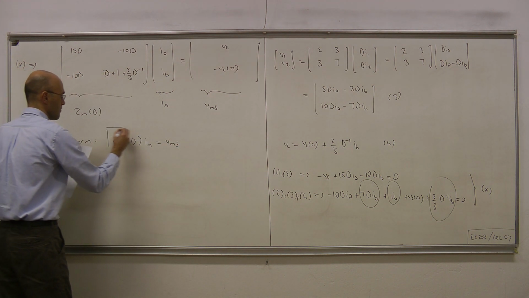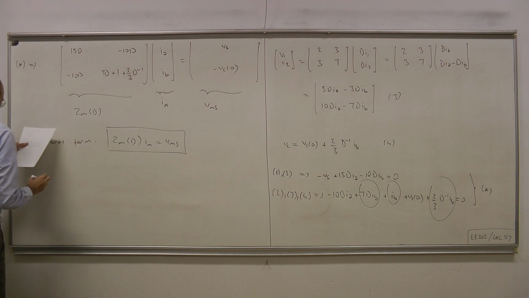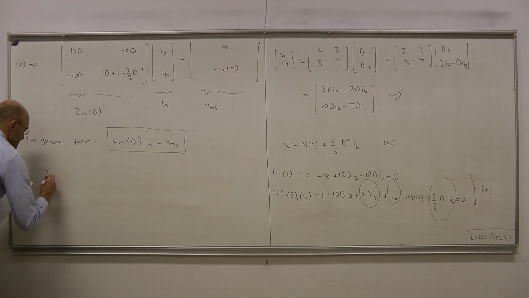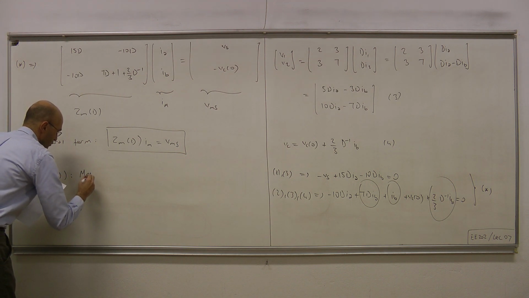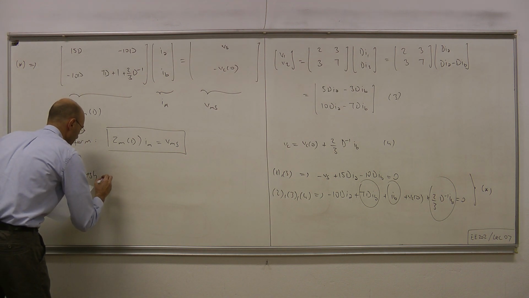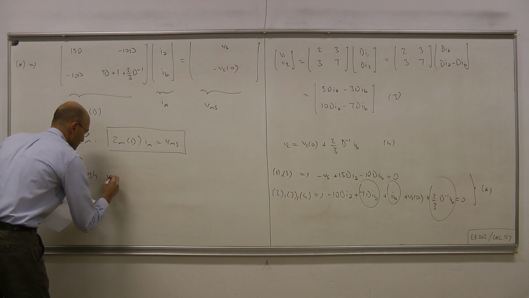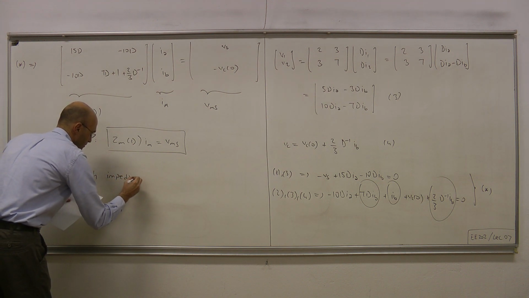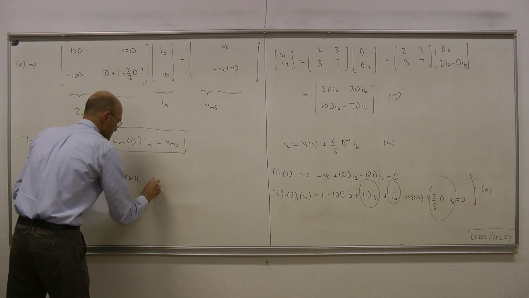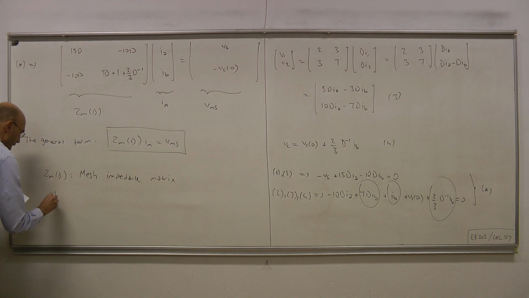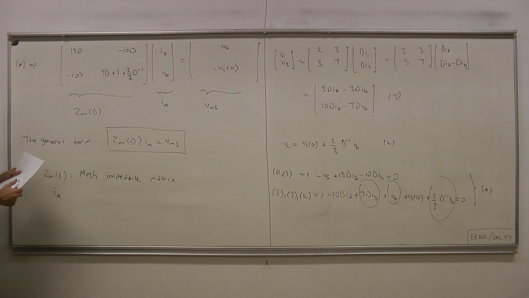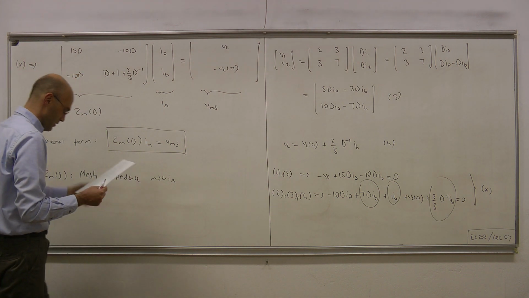Okay. Where ZMD is the dual of node admittance matrix. It's called mesh impedance matrix. IN is the dual of node voltage vector.